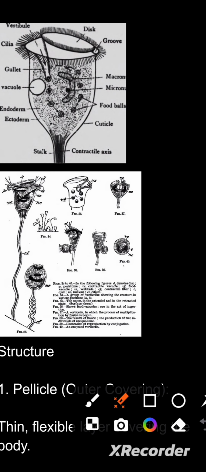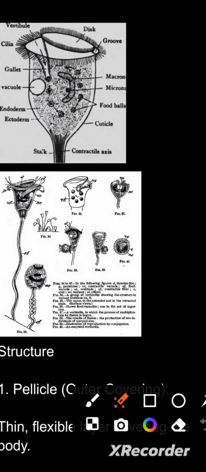This is the vestibule, disc, group of cilia, outer part, gullet, vacuole, endoplasm, inner part, and ectoplasm, outer part, stalk, contractile axis inside the stalk, which is called myoneme or spasmoneme, cuticle outer covering, food balls, micro and macronucleus.